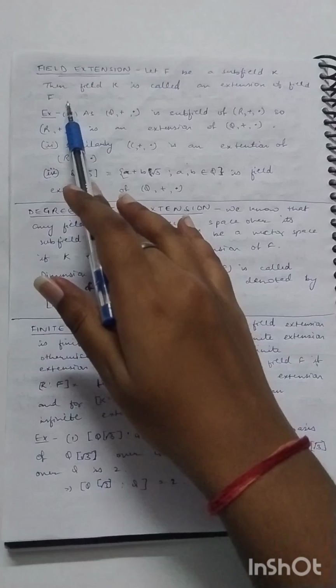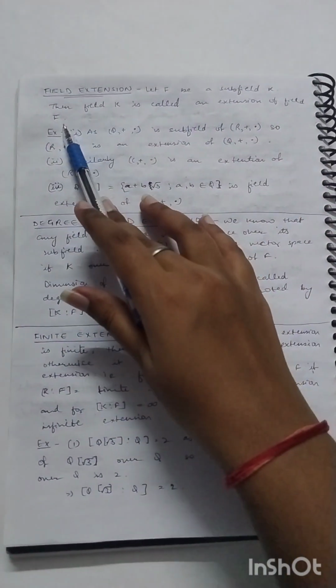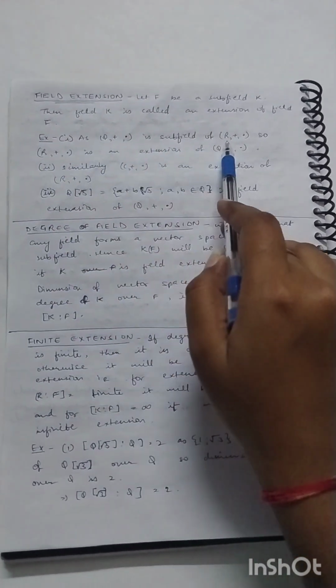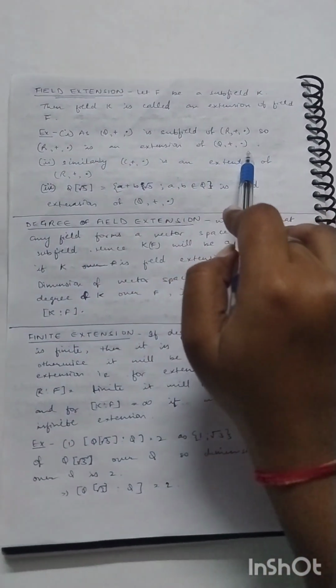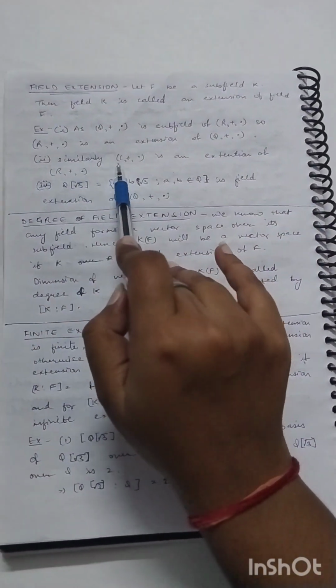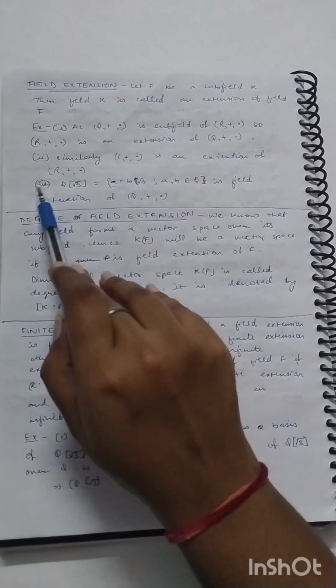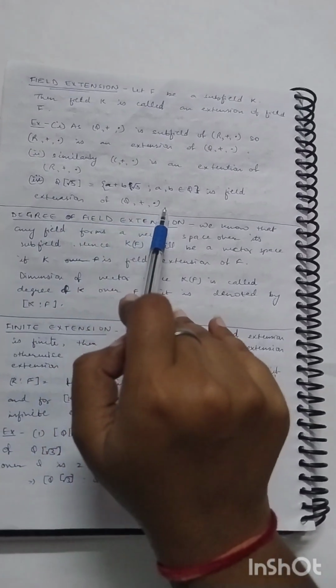Let F be a subfield of K, then field K is called an extension of field F. For example, first, as (Q, +, ·) is a subfield of (R, +, ·), so (R, +, ·) is an extension of (Q, +, ·). Second, similarly, (C, +, ·) is an extension of (R, +, ·). Third, Q(√3), which is equal to a plus b root 3, where a, b belong to Q, is a field extension of (Q, +, ·).